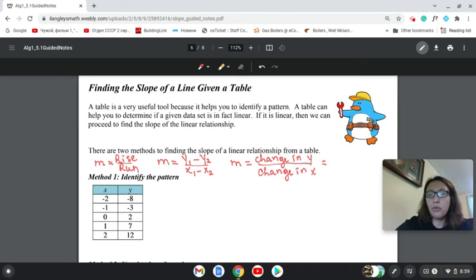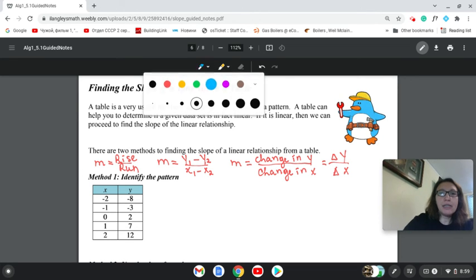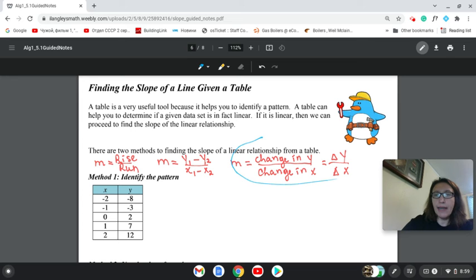And a short way to write this in math is change was the Greek letter delta, which looks like a little triangle, over the change in x. Okay, so this is the formula we'll be using today when we are identifying pattern. That's the first way to find a slope of a linear function when you have a table.